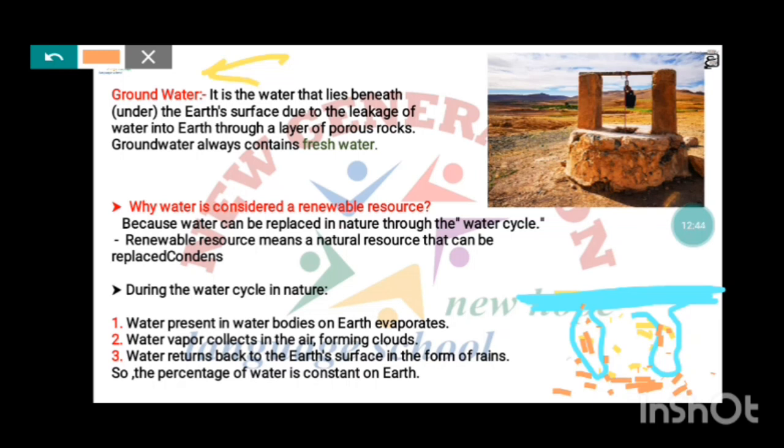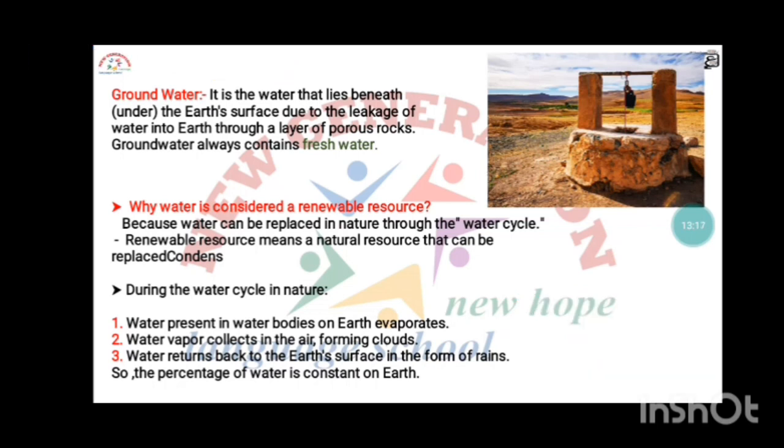Forming groundwater. And the groundwater always contains fresh water. Super.